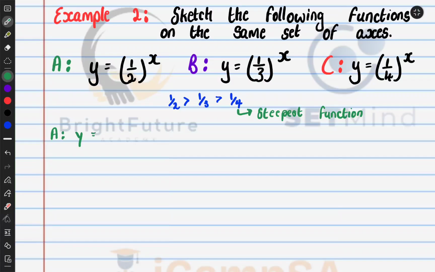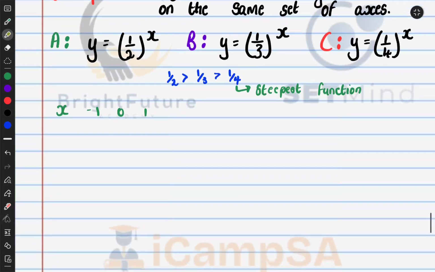Since the y-intercept is where x is equal to 0, we can just select x values of -1, 0, and 1.